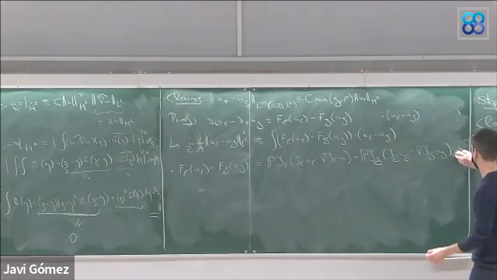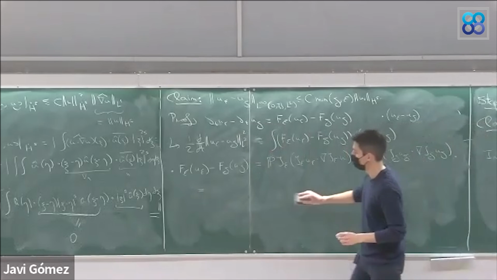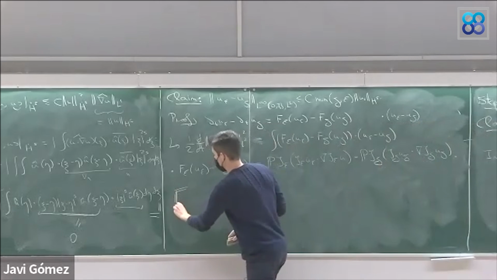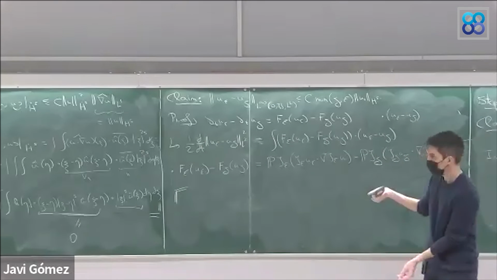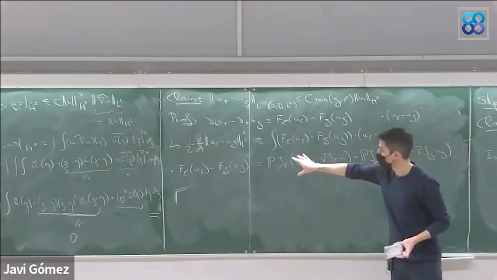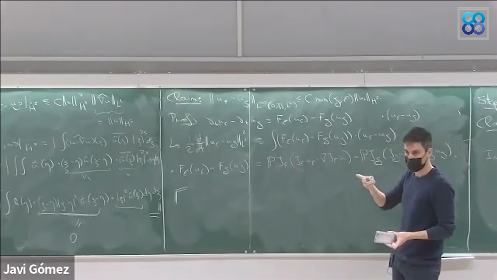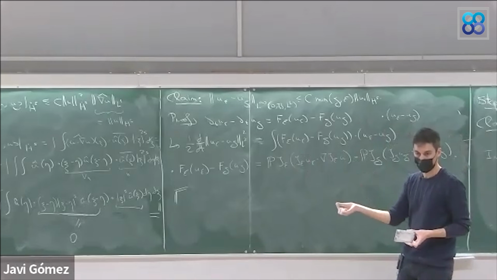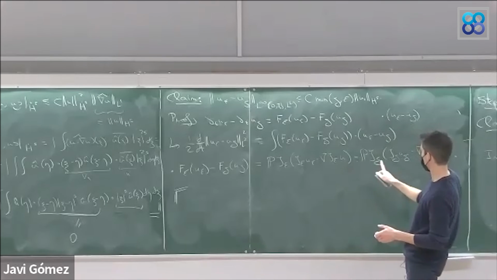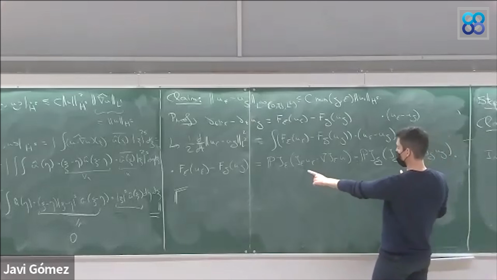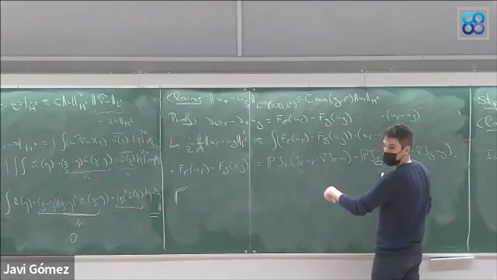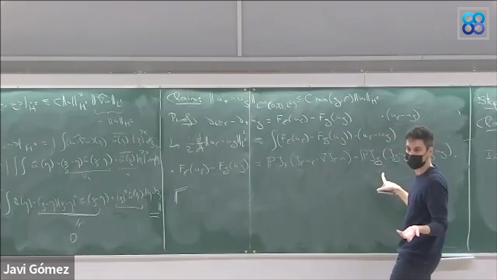Okay, maybe I should mention before. My goal is to prove that this is Cauchy, so I want to obtain that all the terms contain a difference or a term which is epsilon or delta. So how am I going to obtain that? Well, we use that we have the modifiers and that the modifiers are smooth, in particular they are Lipschitz.